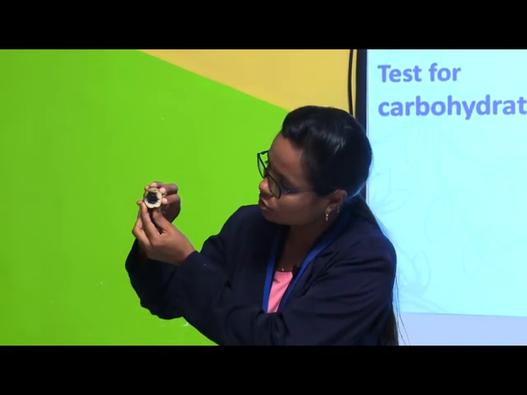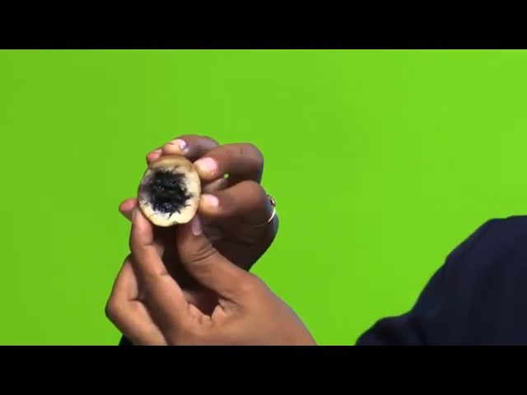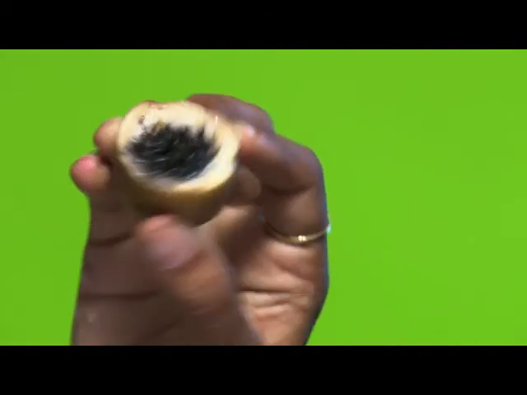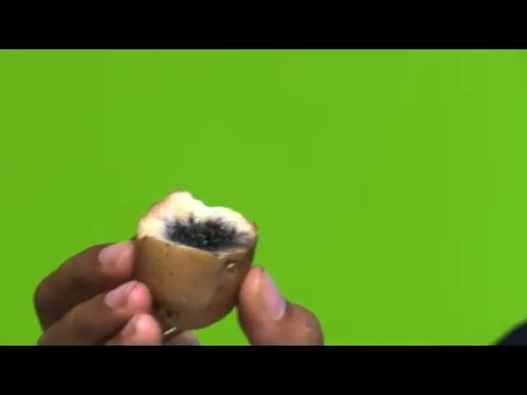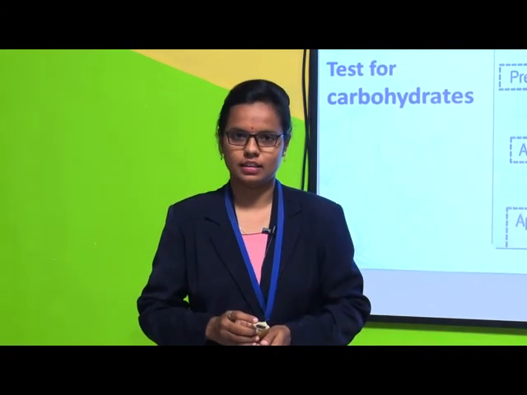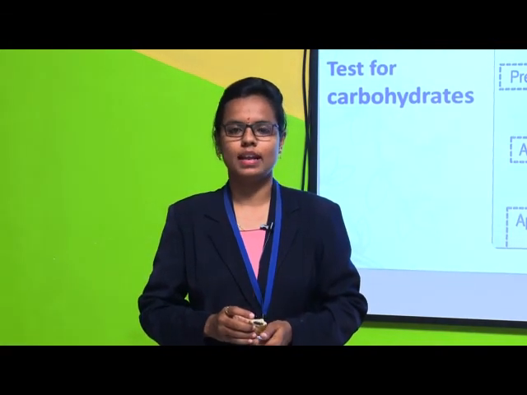You can see the potato has changed its color totally into black, which is dark navy blue. It indicates that this is rich in carbohydrates. After performing this test, we can tell that potato is rich in carbohydrates. It gives us a lot of energy.